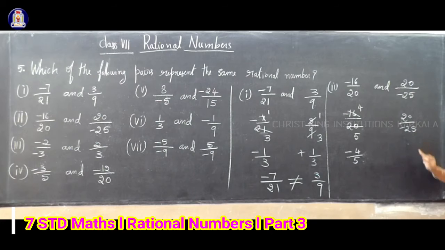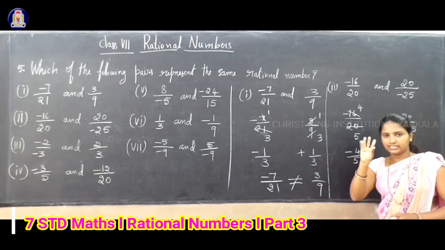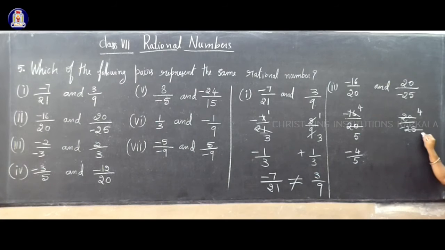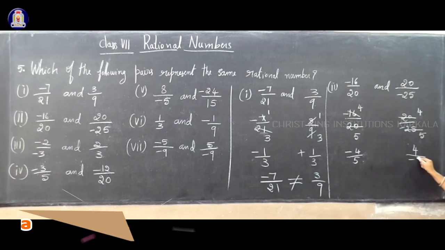Say 20 and 25, we can see in the 5 table, isn't it? So now you can divide by 5. If you divide, 5 4s are 20, 5 5s are 25. So what is remaining here? The answer is 4 by minus 5.